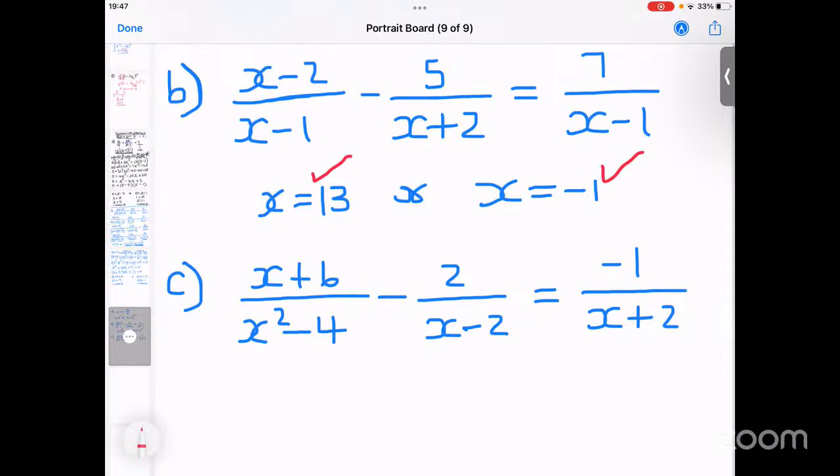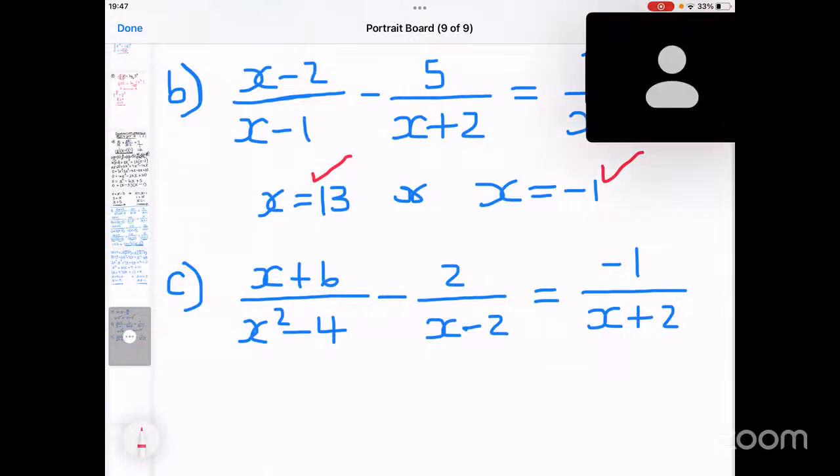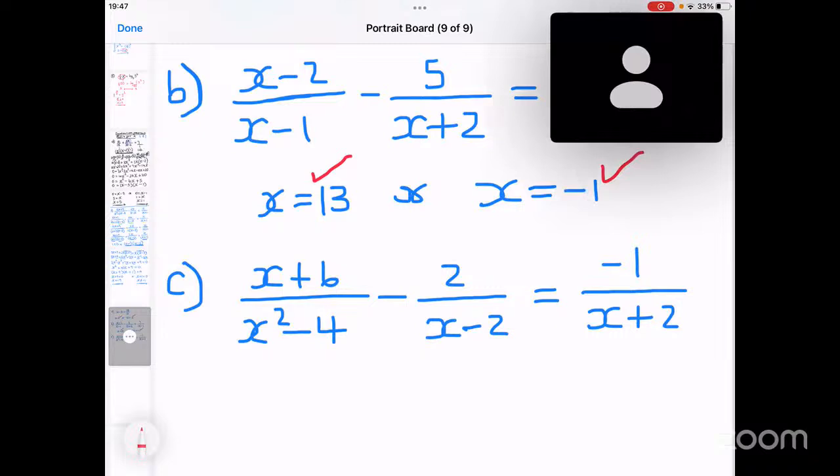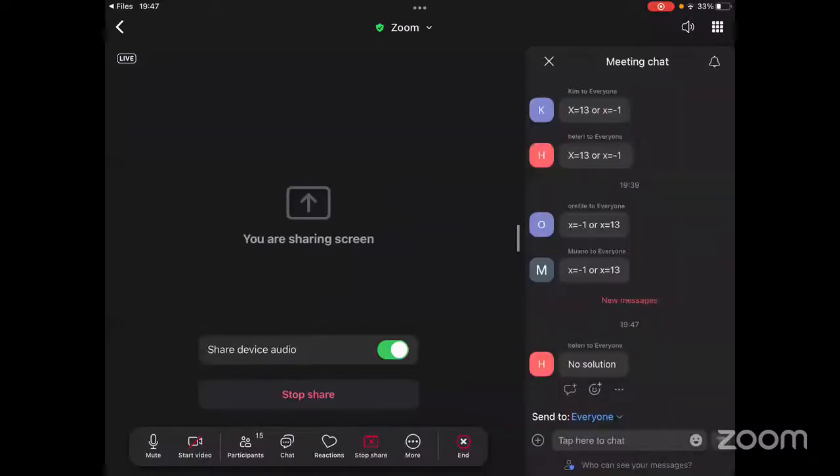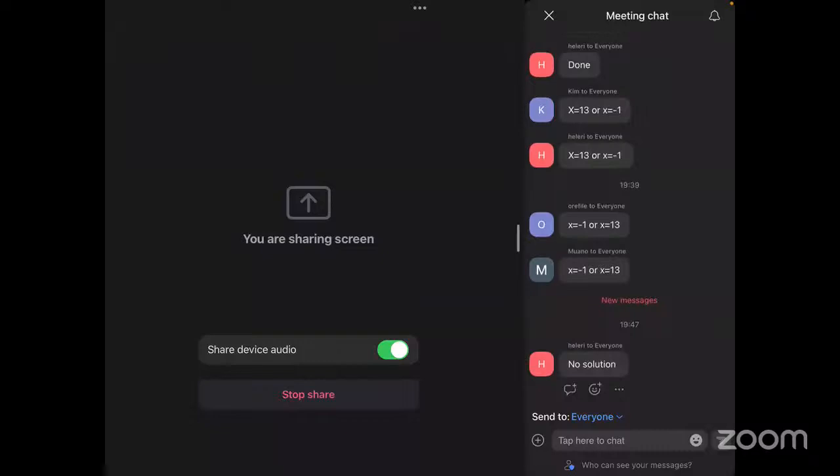Sir, Hillary also just commented that there's no solution. No solution. So yes, it looks like we might. Is that like the x's cancel each other out? There's no solution. Makes sense.